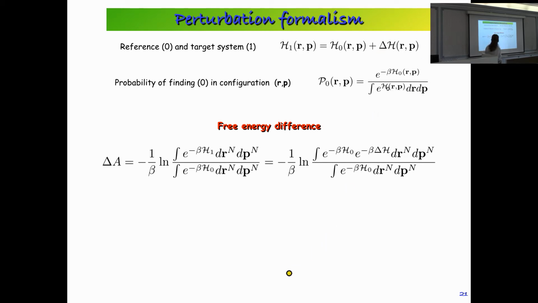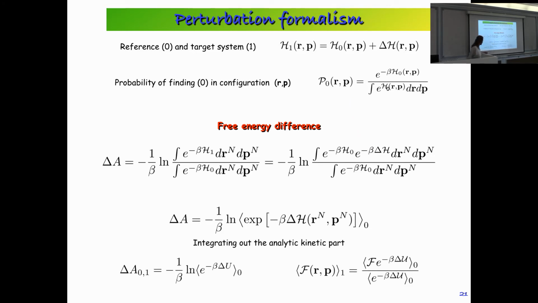But you can obtain this free energy difference as, in principle we already wrote, the ratio between the partition function at state 1 and the partition function at state 0. But if you rewrite H1 as we had it above, as H0 plus delta H, we find out that this ratio can be understood as the ensemble average in the ensemble H0 of this function, the exponential of minus beta times delta H. So this is it.